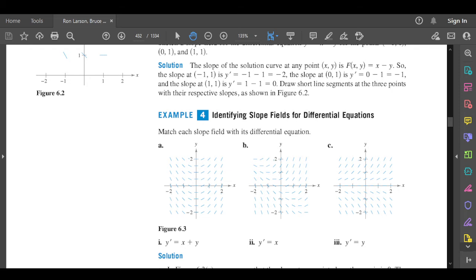And also, I will not require you to draw the slope field of a given differential equation. Pero I will require you to identify which slope field corresponds to a solution of a differential equation.